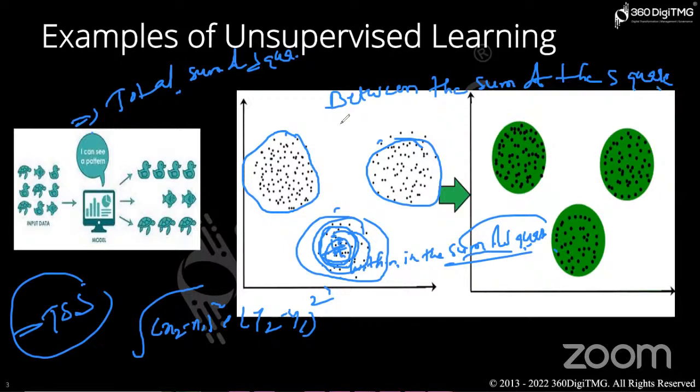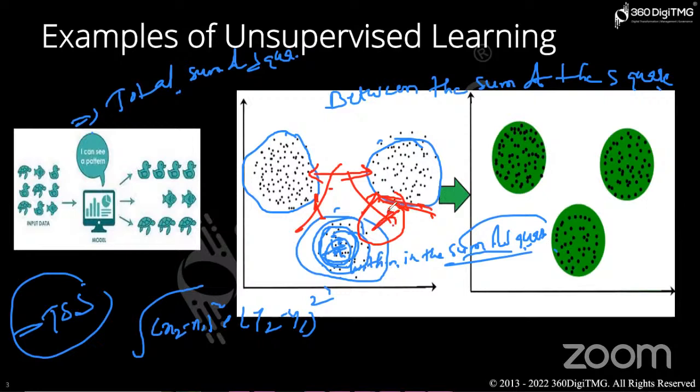What is that? The distance between two clusters. The distance between two clusters should be as high as it can be so that we can differentiate. If they are nearby, you won't be able to differentiate much.